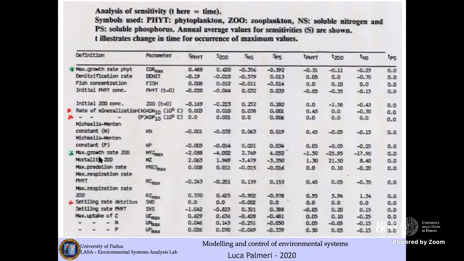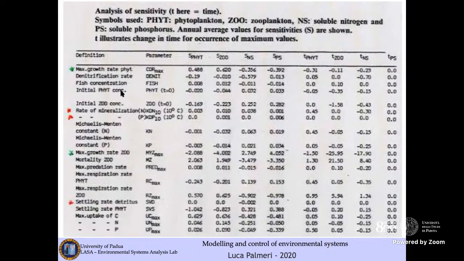Again, the max growth rate of zooplankton in this case is terribly sensitive to phytoplankton. You see the condition number for phytoplankton is very high. The condition number for interaction of zooplankton is very high, of course. So the maximum growth rate of zooplankton is dramatically changing the behavior of the model in terms of concentration of zooplankton and phytoplankton.